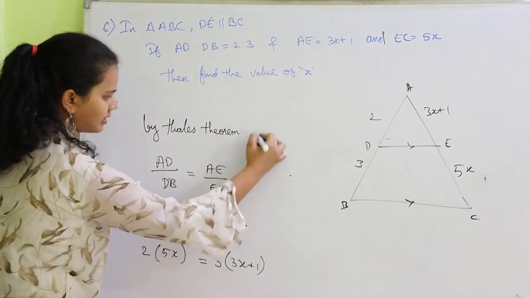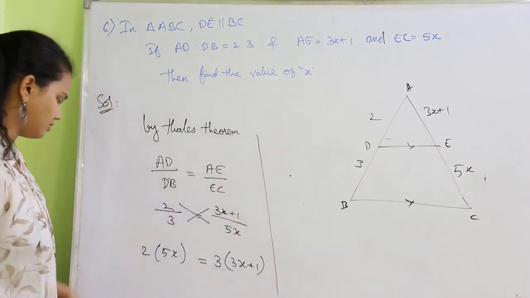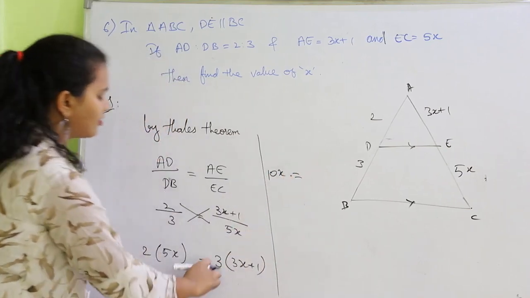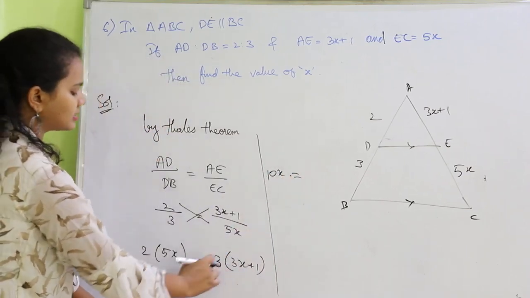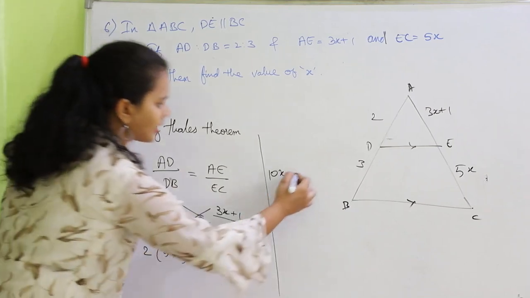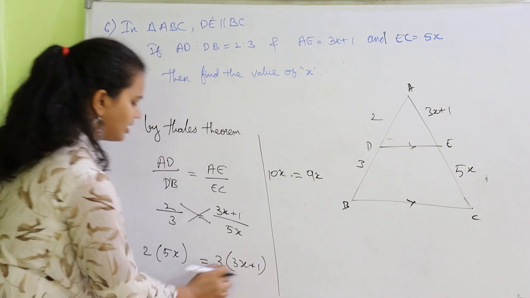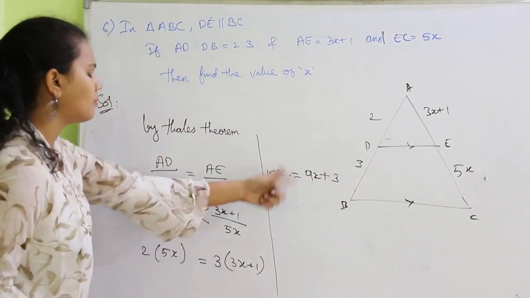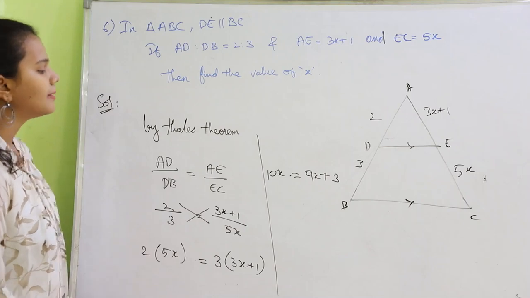Further, this becomes 10x equals 3 into 3x, which gives 9x, plus 3 into 1, which is 3.